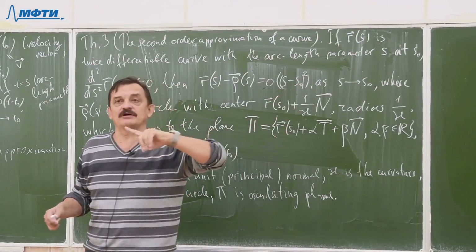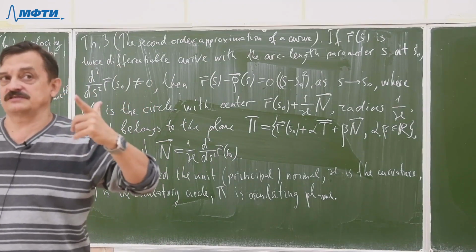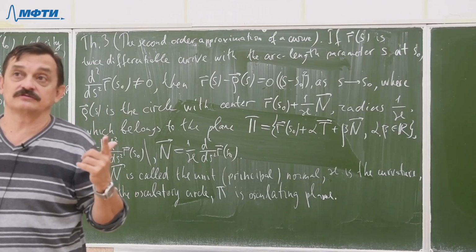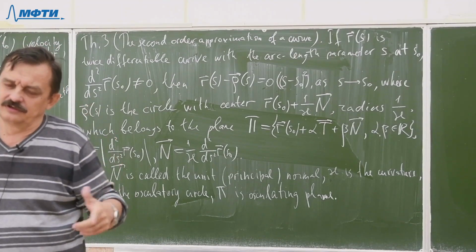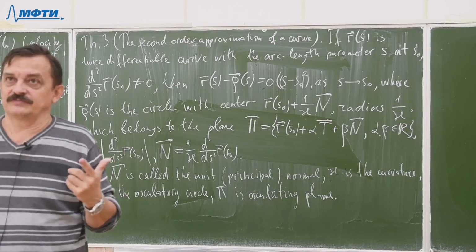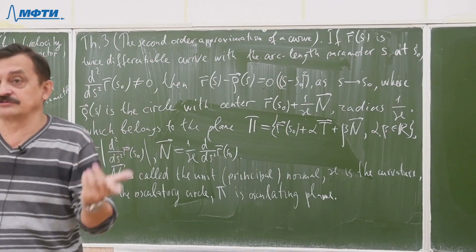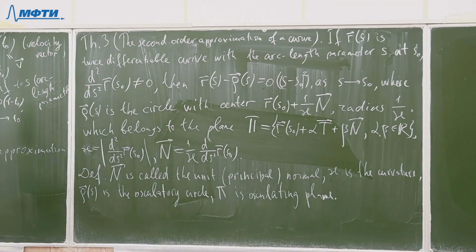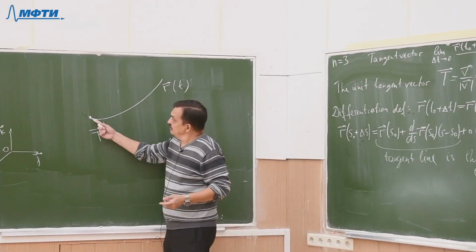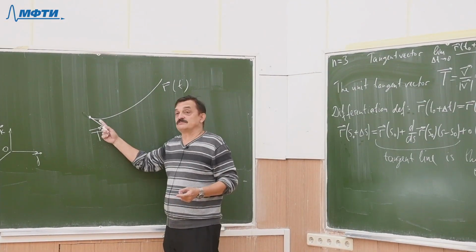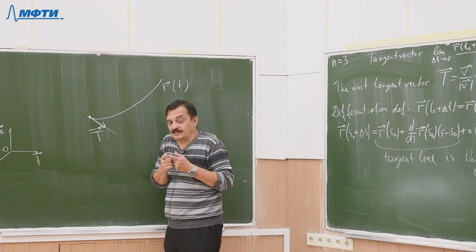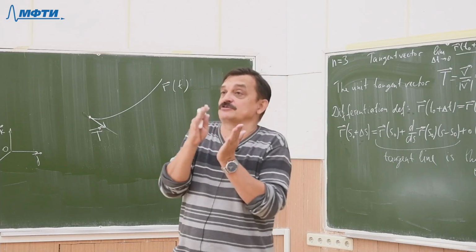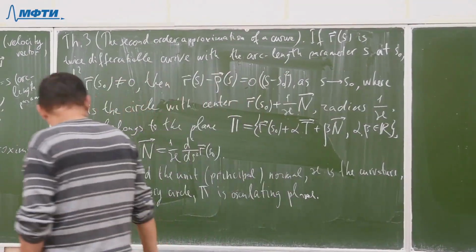So if you forget about powers greater than 2 of S minus S naught, then what happens? It turns out that you can think about movement along a curve as a movement along a circle. And this circle is in a special plane. This plane is osculating.